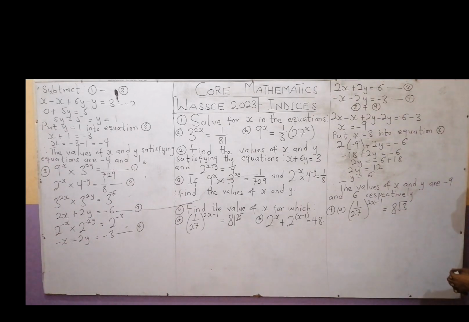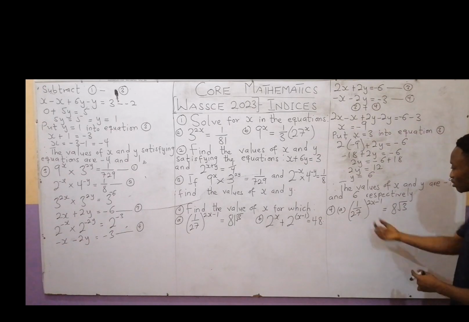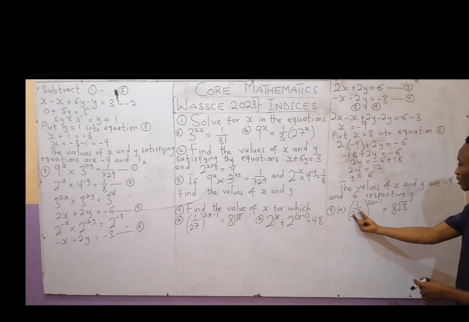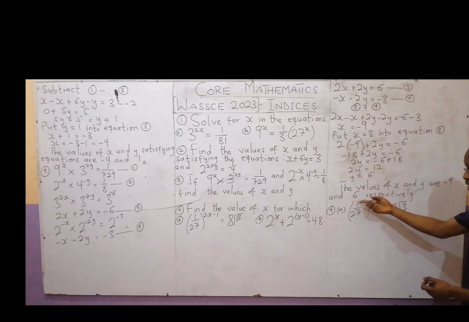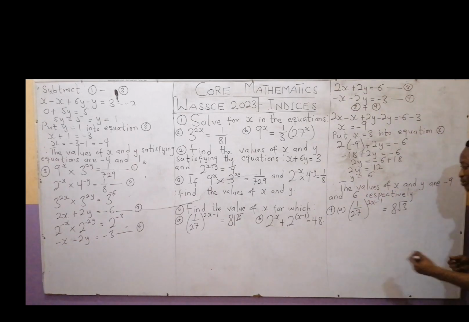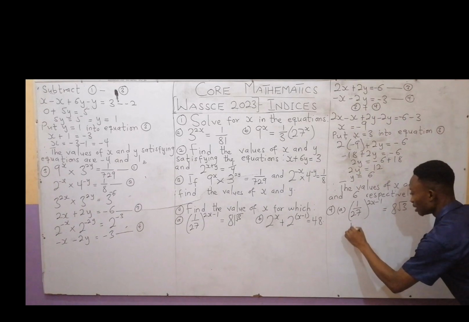We are still on indices, that is indices involving equations. So 27 can be expressed in the exponential form, and as such we have 1, so reciprocation goes on. Let's take our time here.